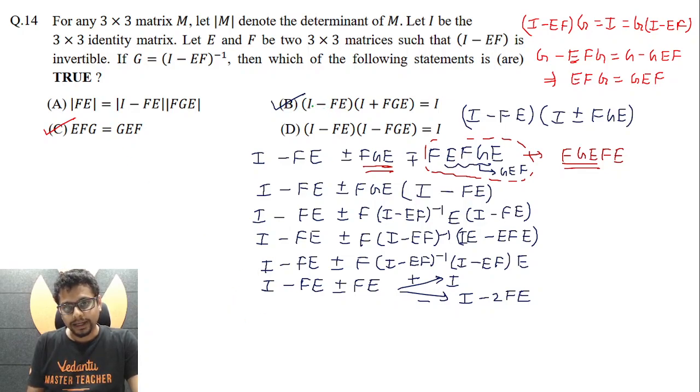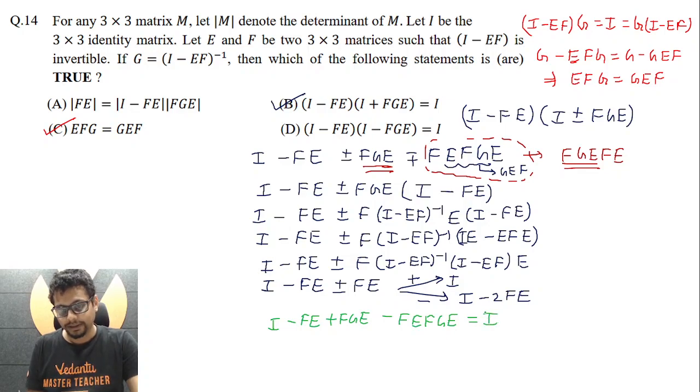Now, having got B correct, based on this, we can explore option A. So when you multiply, I into I is I minus FE plus FGE minus FE FGE equal to the identity matrix. So that essentially means the identity matrix and FE you may so-called cancel out.